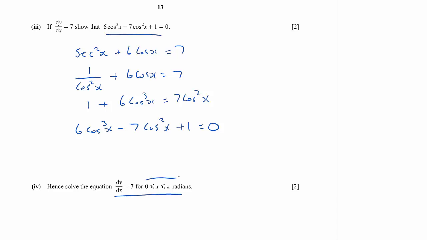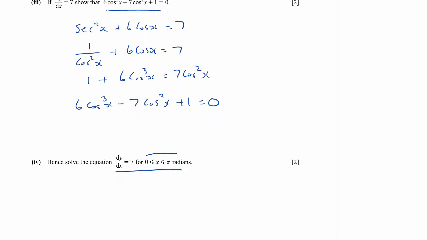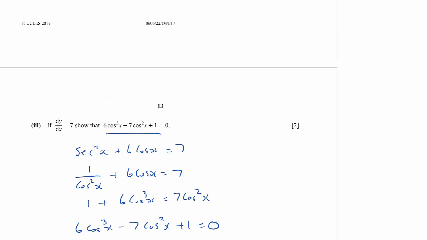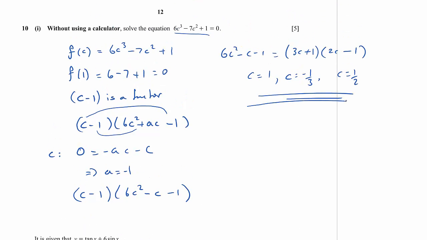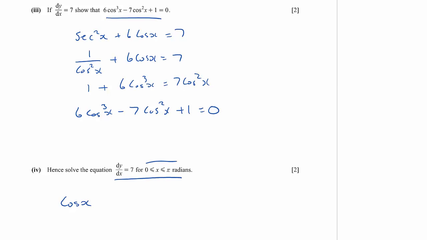Hence, solve that equation, and we want it where x is between 0 and pi. Well, looking back up here, we've got 1, -1/3, or 1/2. So cos x is equal to 1, -1/3, or 1/2.